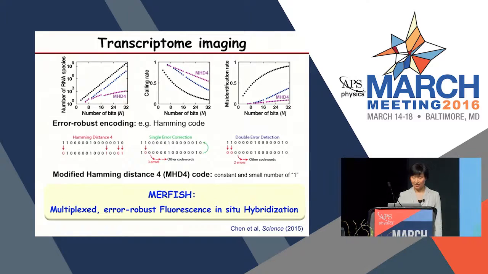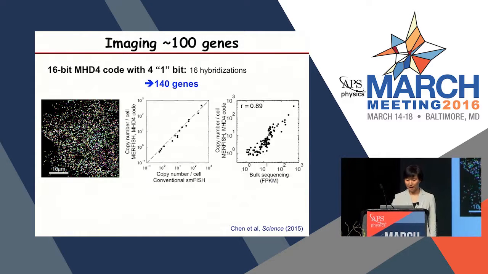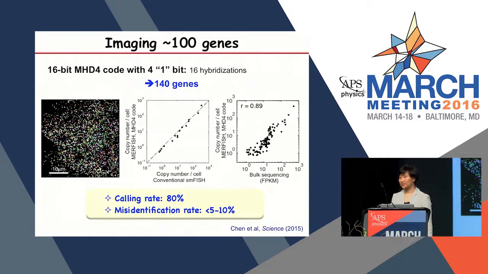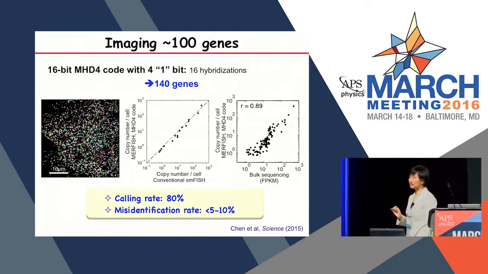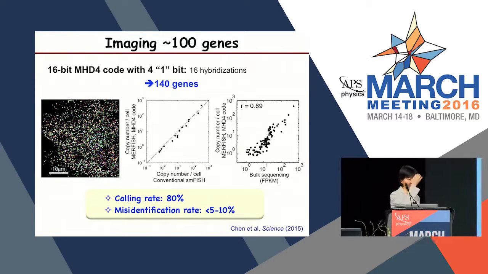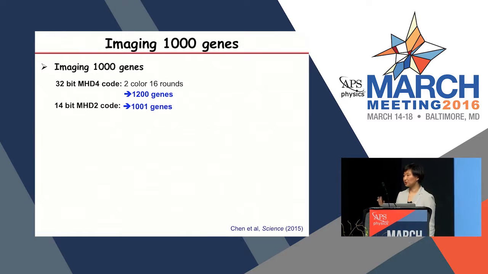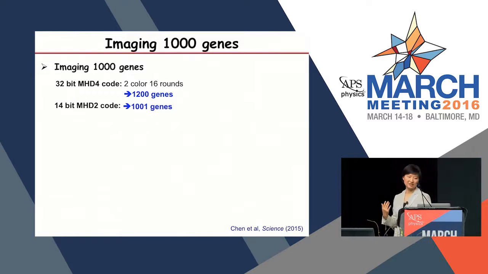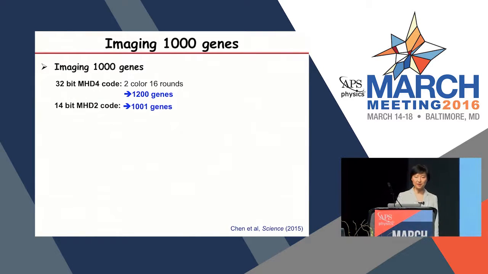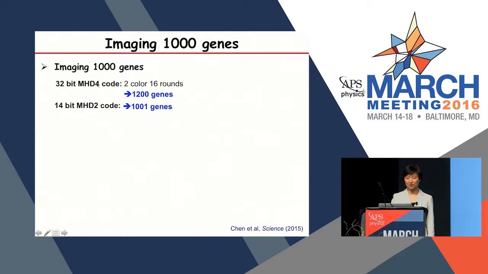And I'll just tell you very quickly how well it works. With a 16-bit modified Hamming distance 4 code, you can only code 140 RNA species, but we can indeed detect that with 80% detection efficiency and less than 5% error. And then we have also demonstrated detecting 1,000 genes by either increasing the bit number while keeping the accuracy of the code, or by reducing the accuracy of the code a little bit and using fewer bits.